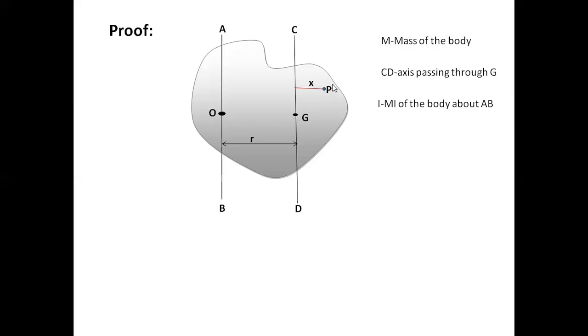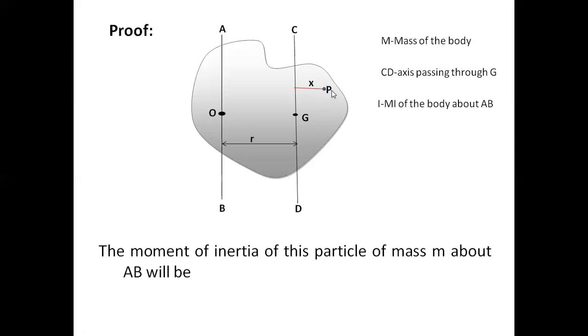Now let us determine the moment of inertia of this particle P about the axis AB. Let small m be the mass of this particle. Then the moment of inertia of this particle P having a mass m about the axis AB is nothing but the mass of this particle multiplied by the square of the distance of this particle from the axis AB.